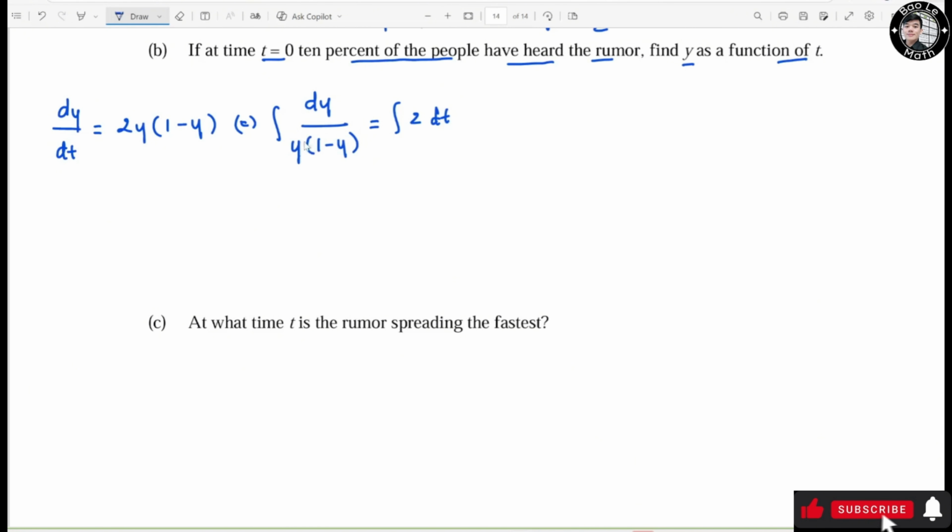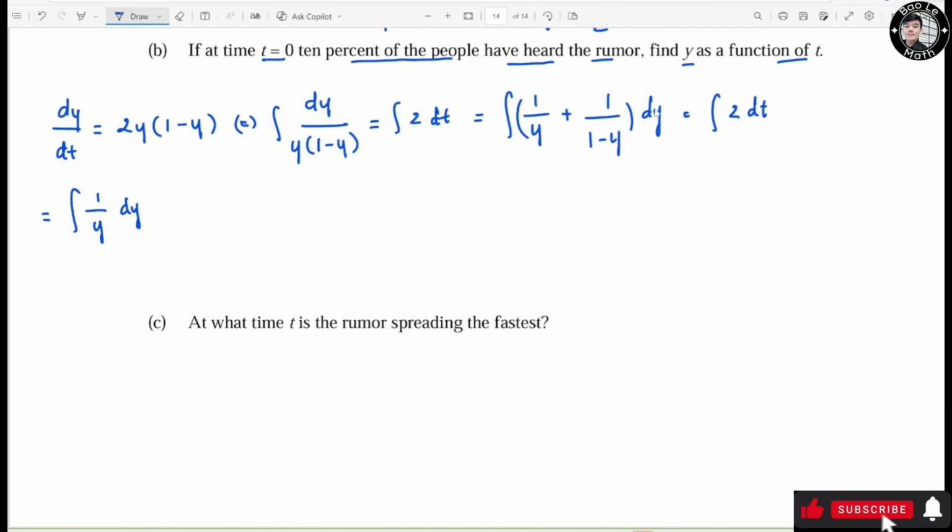Now we're going to use partial fraction decomposition for the left-hand side. So we're going to end up with the antiderivative of (1/y + 1/(1 - y)) dy equals the antiderivative of 2 dt. So it's going to be the antiderivative of 1/y dy.